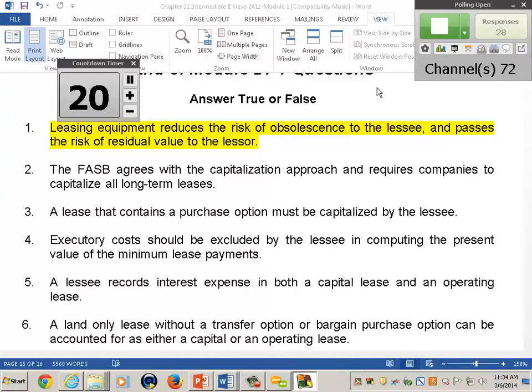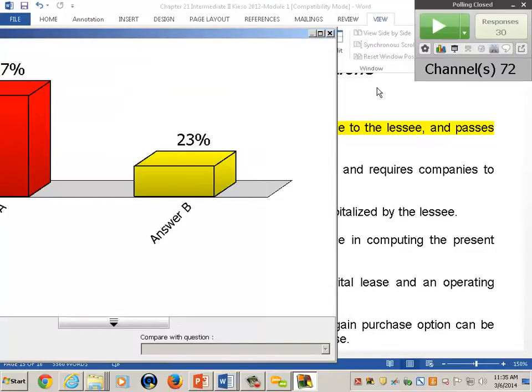Try one. Did it work? Did you get anything? Hold on. What did you want to do? B? How come it's not working? You're on 72. Maybe I'll have to give you another one. Yeah, we've got to fix that.